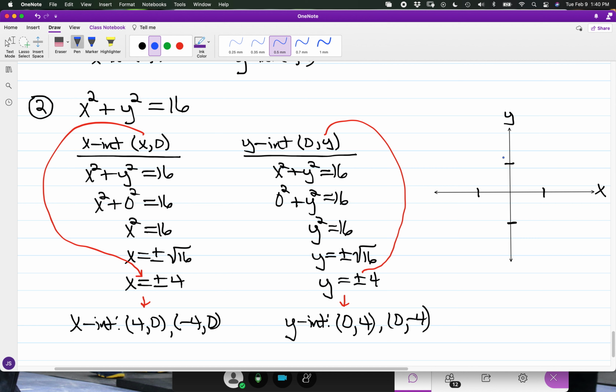For this figure, the x-intercepts on the x-axis are negative 4, 0 and 4, 0, and the y-intercepts on the y-axis are 0, negative 4 and 0, 4.